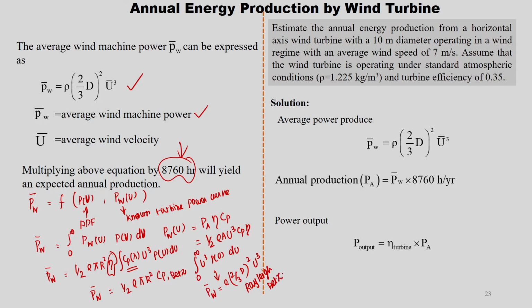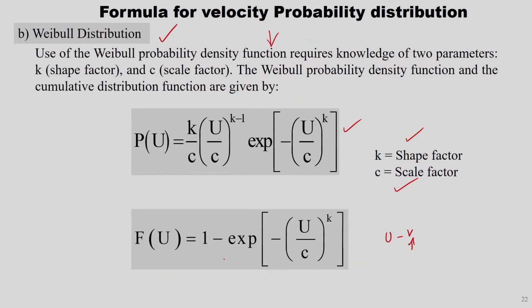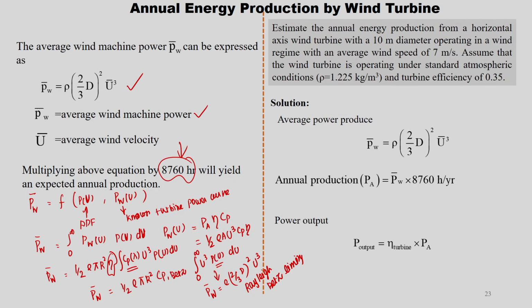We already know this probability distribution function. You can substitute it either from the Weibull distribution or from the Rayleigh distribution. If you substitute this P of u from Rayleigh, then you arrive at this formula, the Rayleigh-Betz limit.